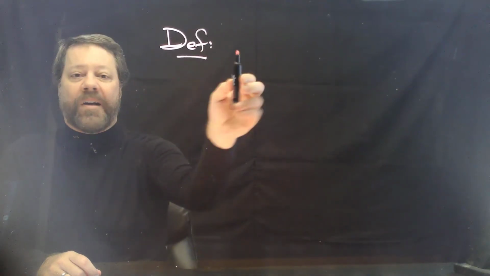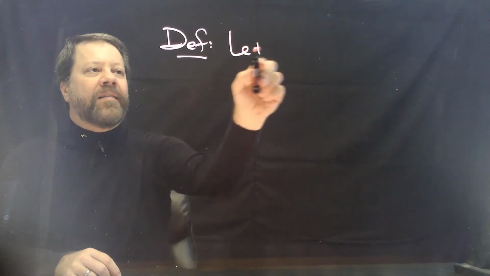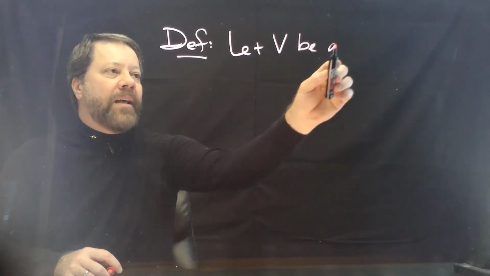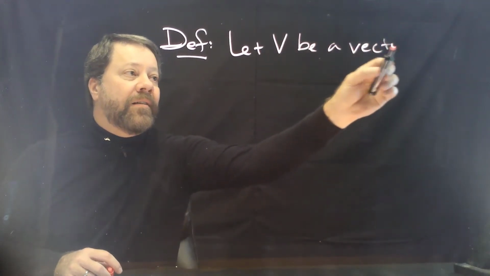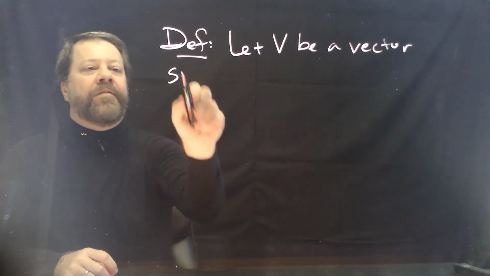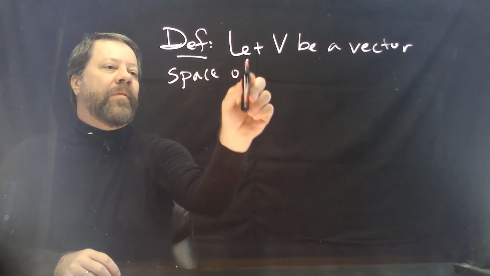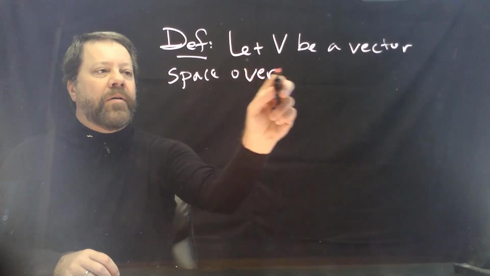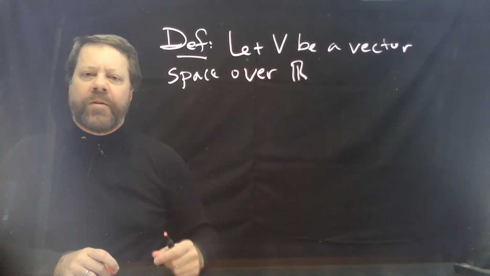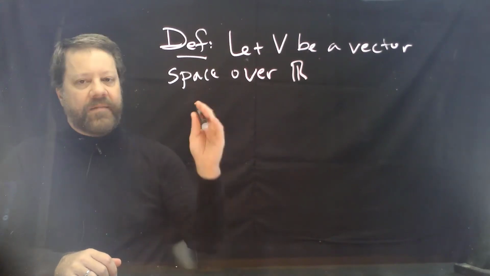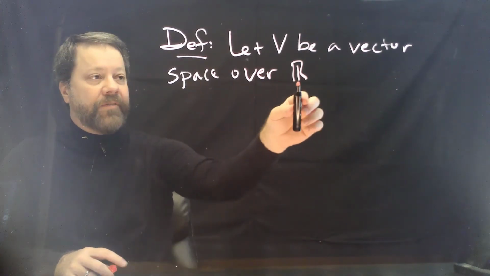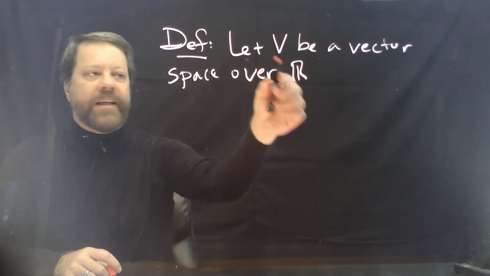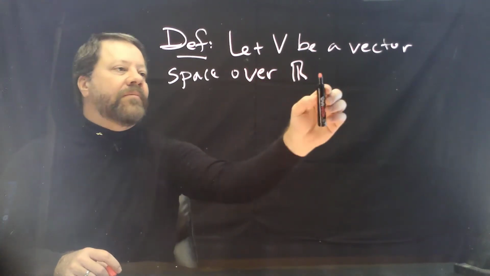What is an inner product? Let V be a vector space over R. We're going to deal with real inner products and real vector spaces. The set of scalars we're assuming for the vector space V is the set of real numbers.